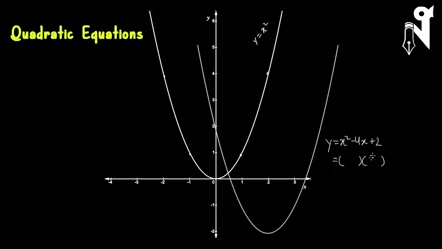In fact, for this graph, the x values for which y is becoming 0 are irrational numbers, and hence that's the problem at hand. If we have a quadratic equation x square minus 4x plus 2 equal to 0, then how do we solve it and get the roots?